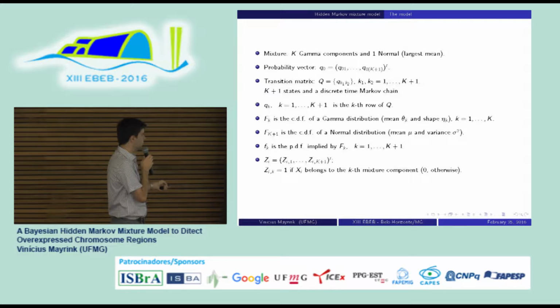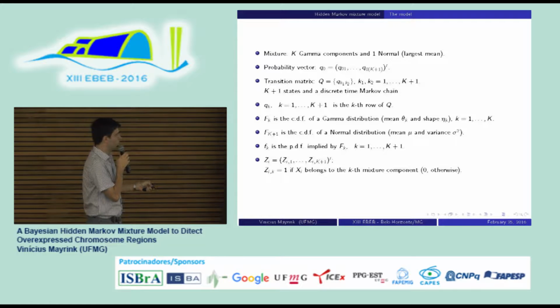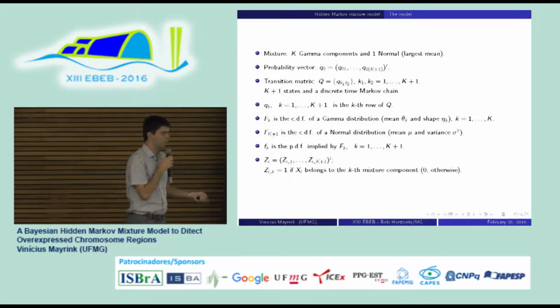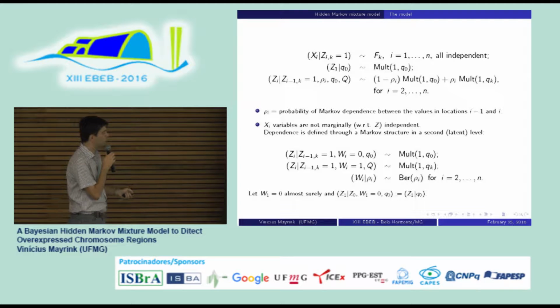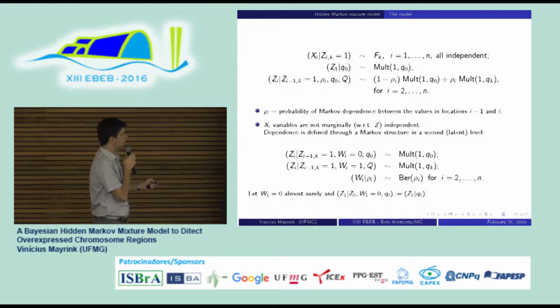So, some definitions for the distributions forming the mixture. And we also introduced this variable here, the z_i, which is a vector, and z_ik equals 1 if xi belongs to the kth component in the mixture. So this is the main part of the model. So xi given z has some distribution, which could be the gamma or the normal distribution.